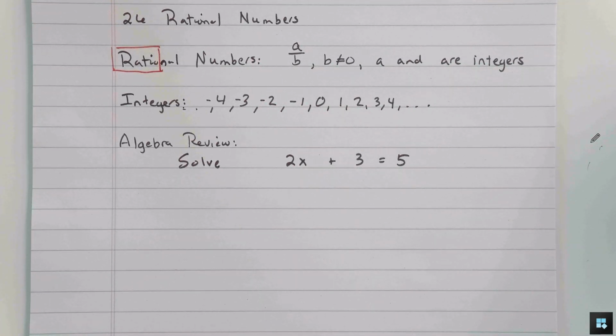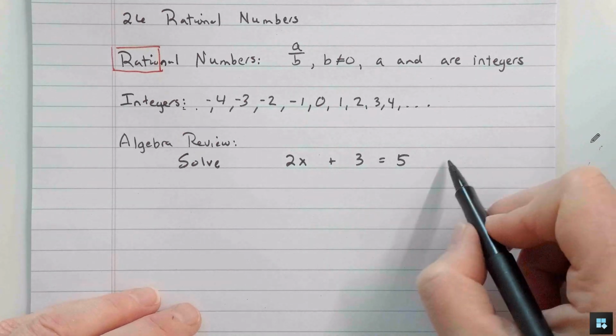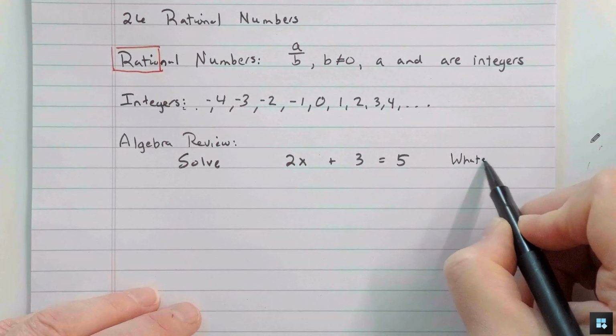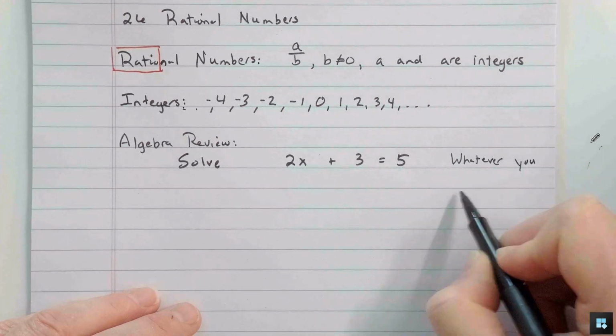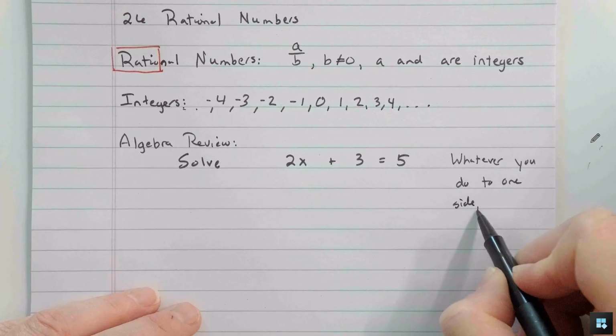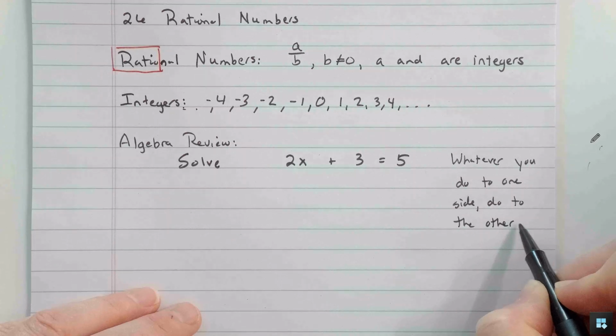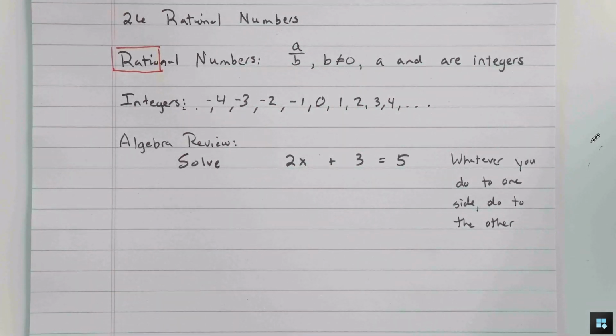Solving means to find the value for x that makes this true. Some of you can just think it out in your head, and that's fine. Here we're going to remember that whatever you do to one side of the equation, do to the other. And that will keep your equation true.